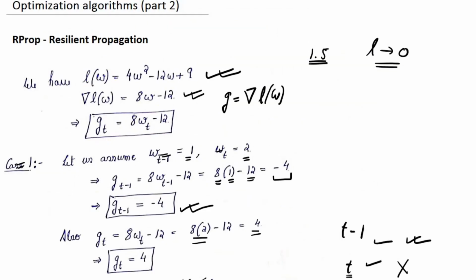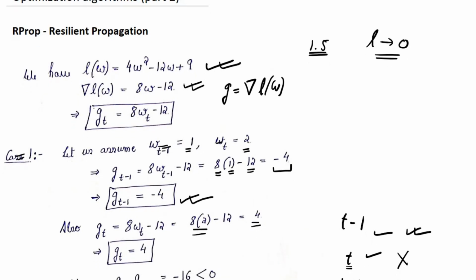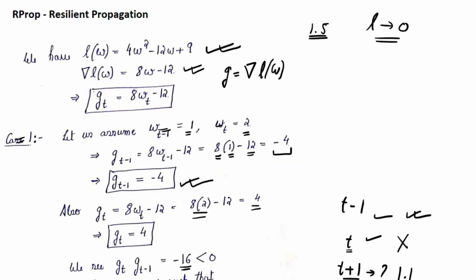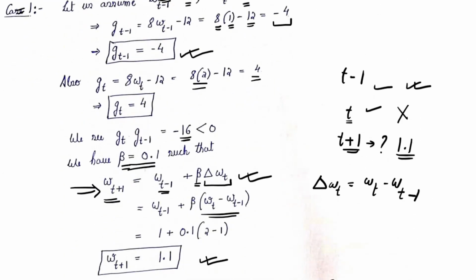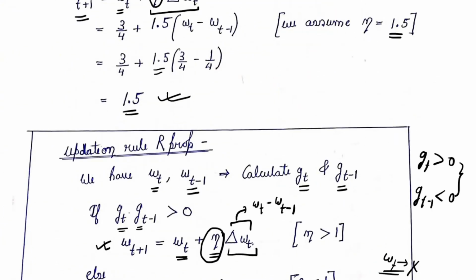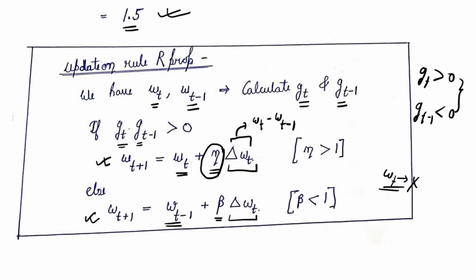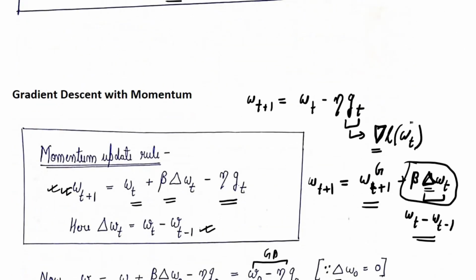So in this video, we talked about 3 optimization algorithms other than the gradient descent algorithm we know. The first algorithm had an updation rule which looked like this. This is the resilient propagation algorithm. Then we proceeded further with the updation rule corresponding to gradient descent with momentum, and the updation rule was like this.